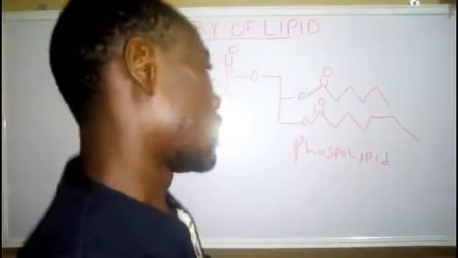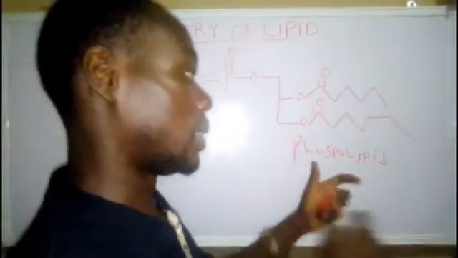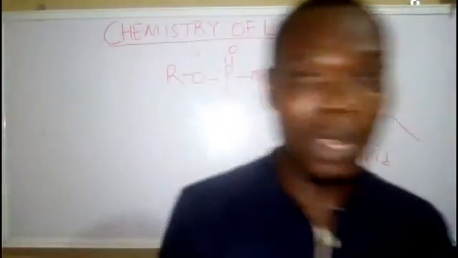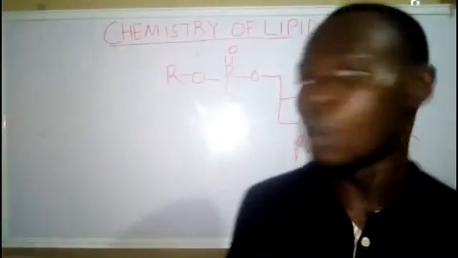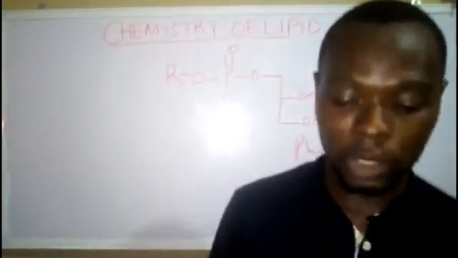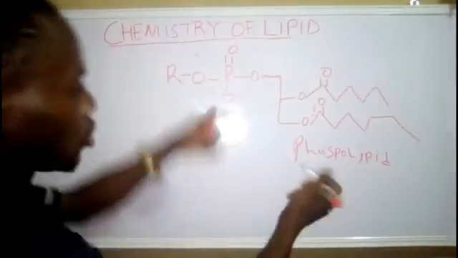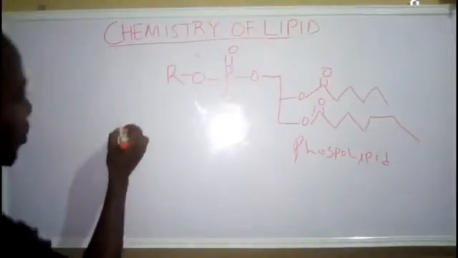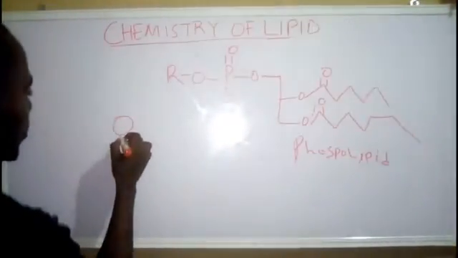So that's the structure of phospholipid. It's mainly contained in the cell membrane, the major component of the cell membrane. So if we are to bring out the structure, now look at it.